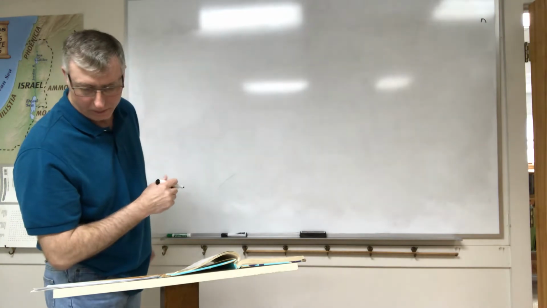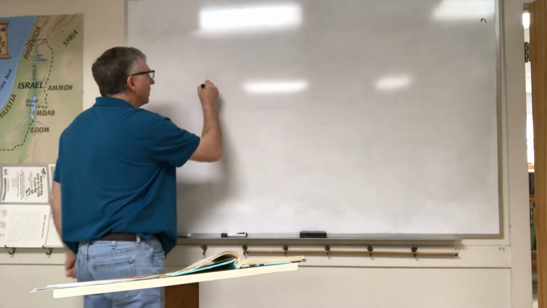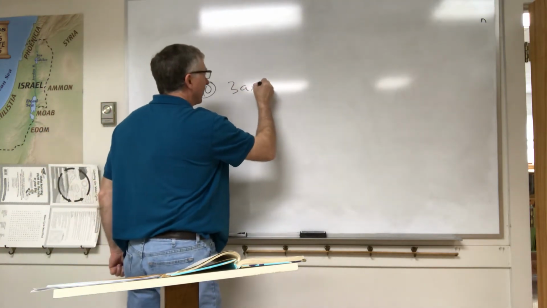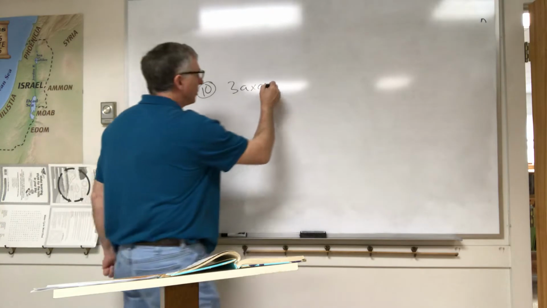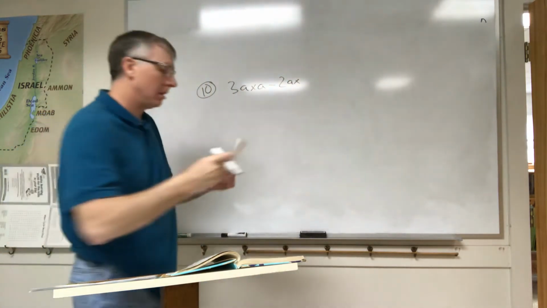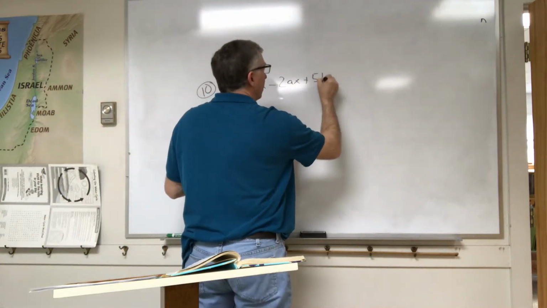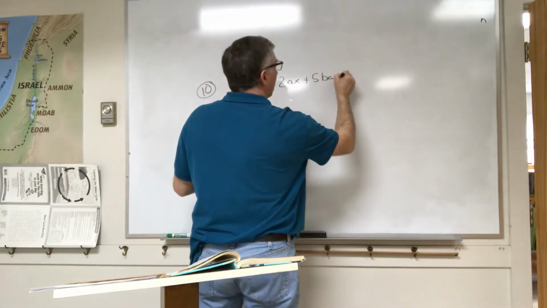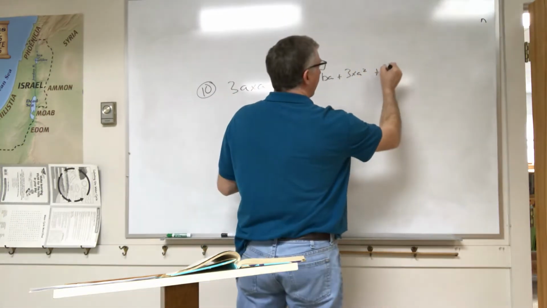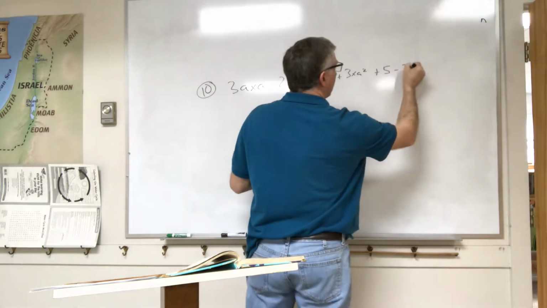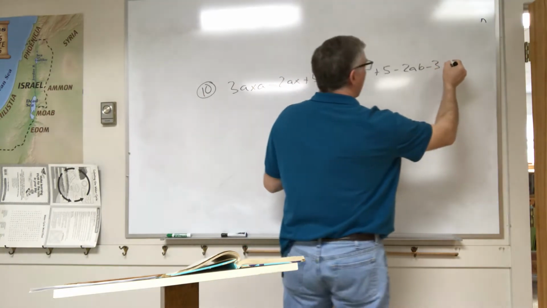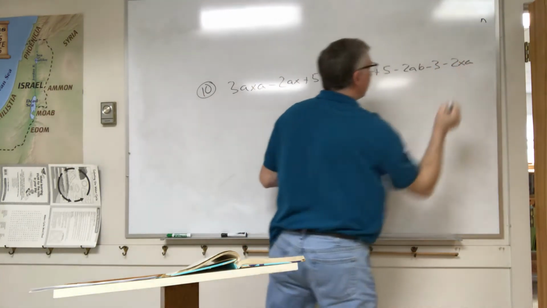Let's do number 10. So number 10: 3axa minus 2ax plus 5ba plus 3xa squared plus 5 minus 2ab minus 3 minus 2xa.